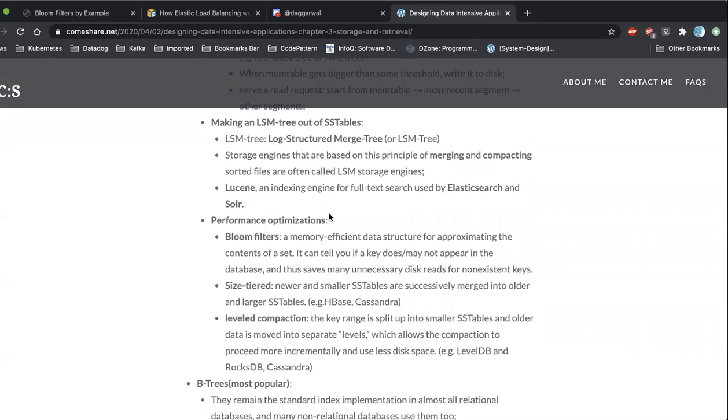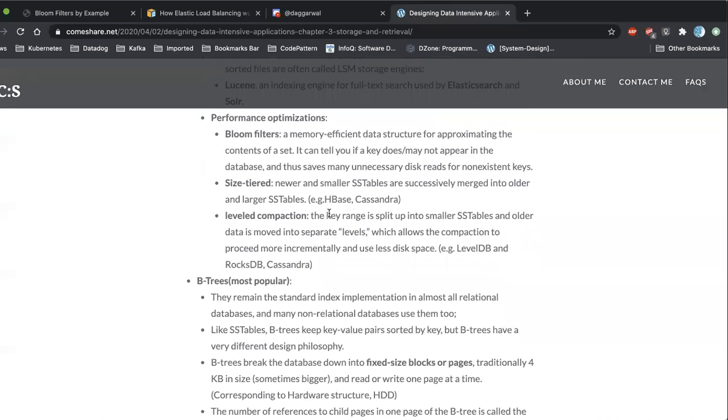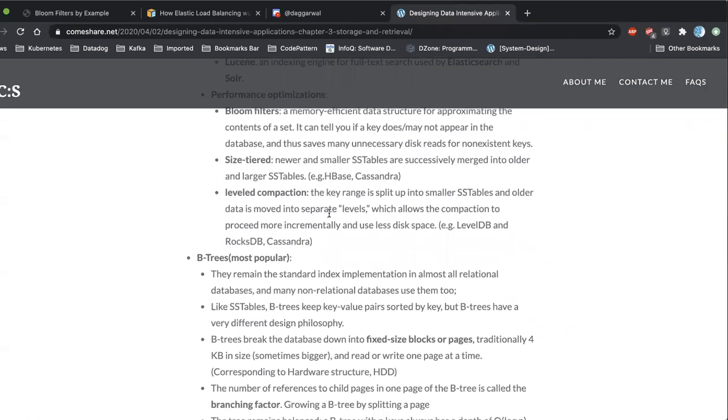So Bloom filters are one of the optimizations used along with LSM trees. Another one is compaction on the segments. Multiple segments are created in memory, and the author briefly talked about two types of compaction: size-tiered compaction and level compaction.